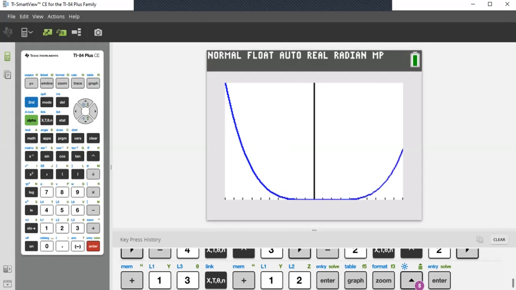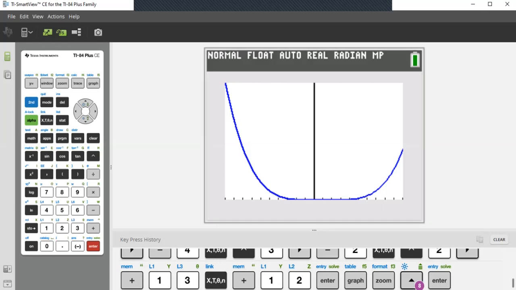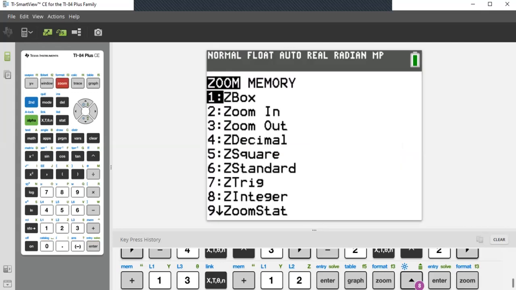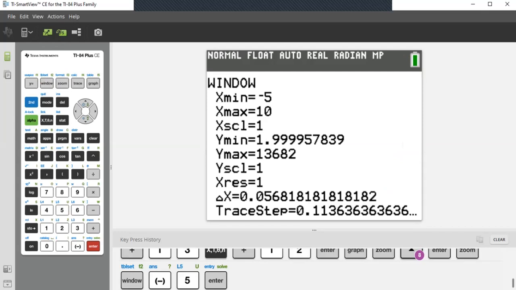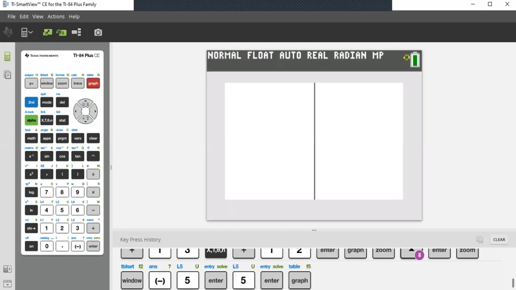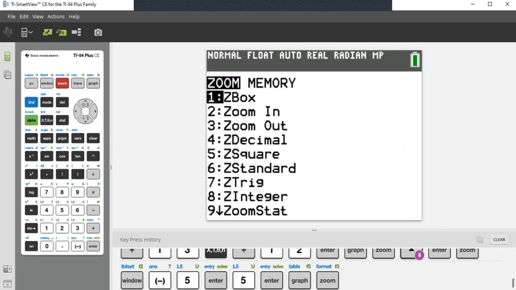Now, I'm not really seeing too much action here, but maybe if we zoom in, we'll be able to find it. So let's go and zoom back in. Let's maybe do a window, and let's do something like -5 to 5. Let's try that and see if that's any better. And then we'll graph it. And then let's do zoom fit again.